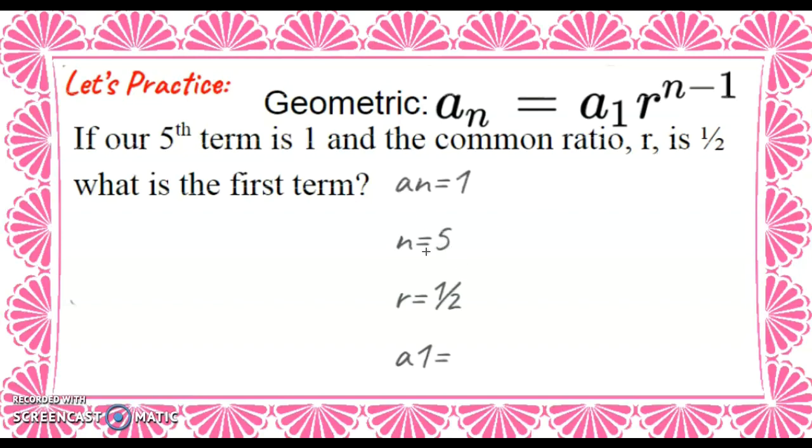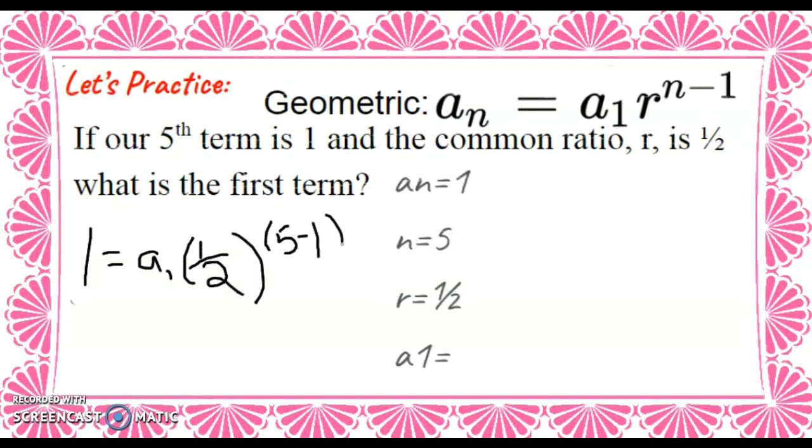Our common ratio R, we're multiplied by 1/2 each time. And we're looking for the first term. So let's plug it into this formula. So A of n is going to be 1. 1 equals A1, which we don't know what that is yet, times 1/2 to the 5 minus 1 power.